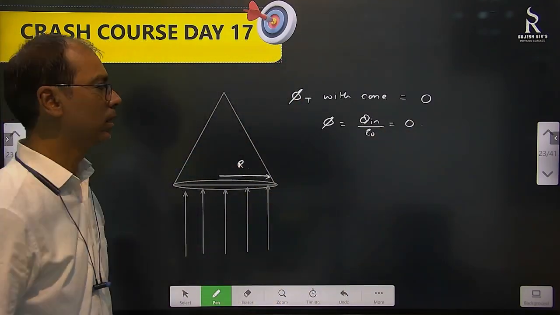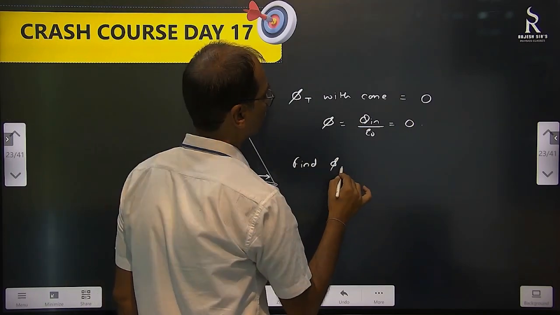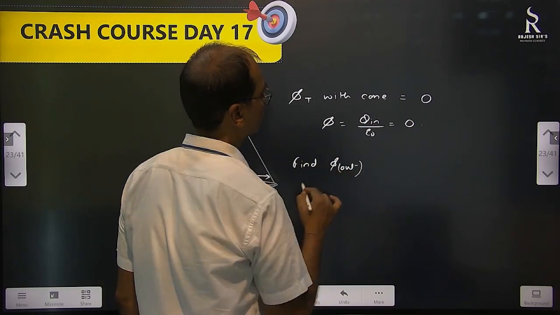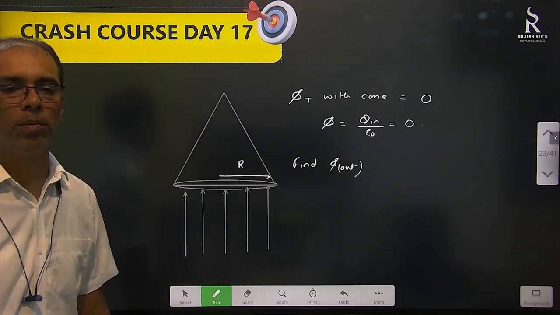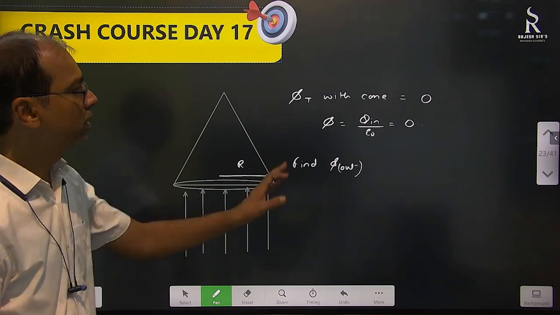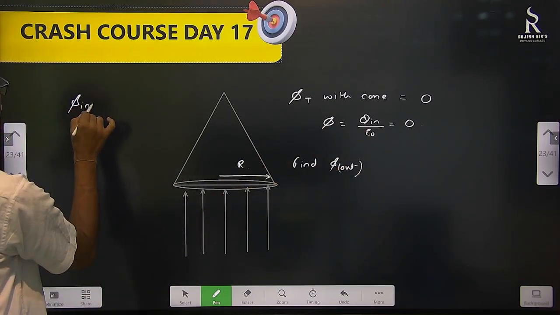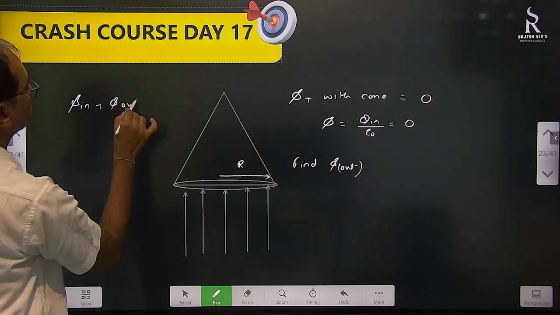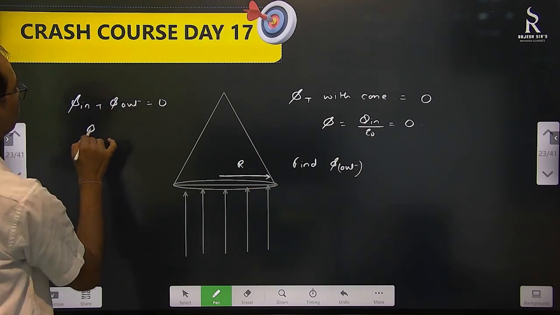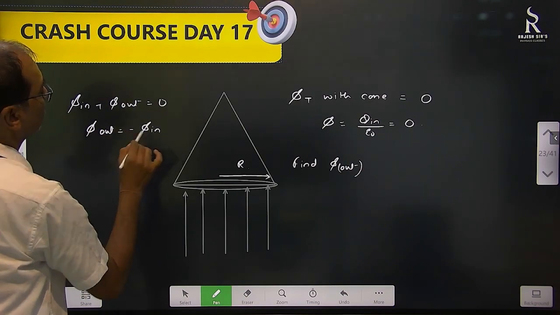Now my another question is, find the flux going outside. How much is the flux going outside? We know that total flux is zero. That means phi in plus phi out is zero, so phi out is minus phi in.